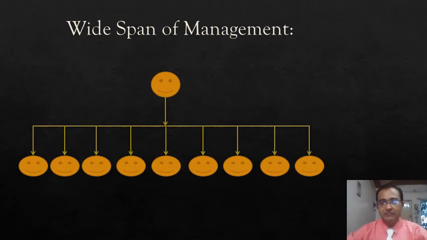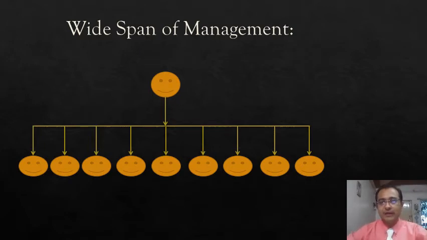Now see, there are no sub-managers in this situation. Over here, all the workers are working under a single manager, and the single manager is able to control all the subordinates. So there is a large number of subordinates working under a single manager.